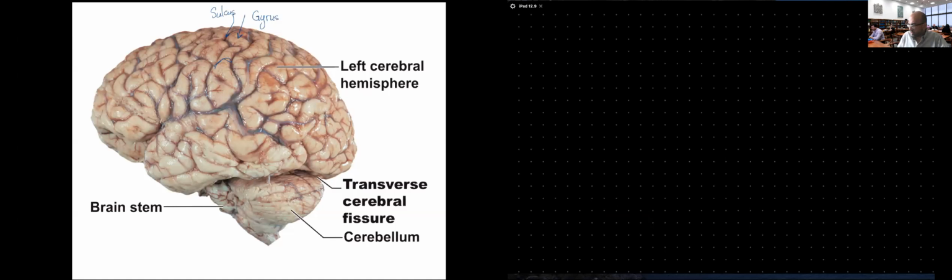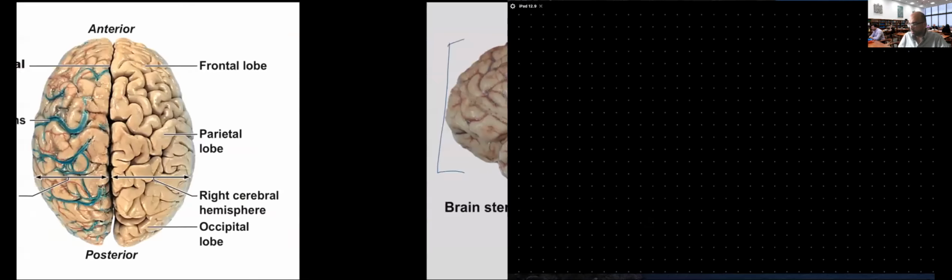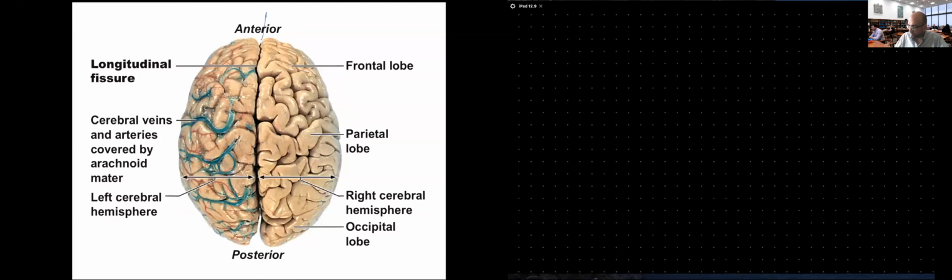We have deep depressions like the one between the cerebrum and the cerebellum. We call those fissures. So a fissure is a deep groove like the one in here between the right and left cerebral hemispheres.